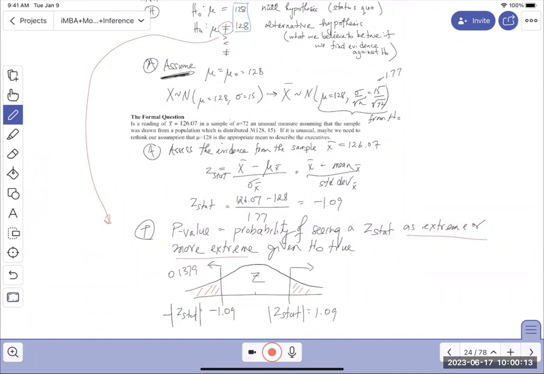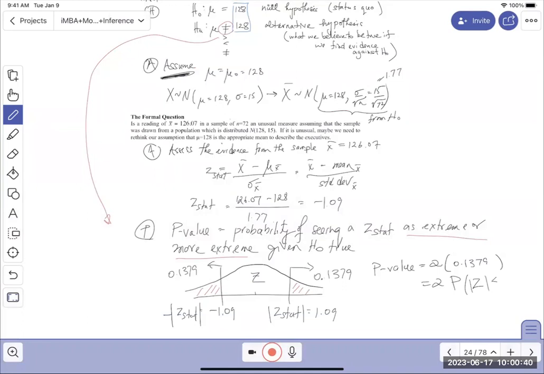So that's what you get from the table in terms of probability. So that's going to be the same on the left and the right. So in other words, the p-value is 2 times 0.1379.